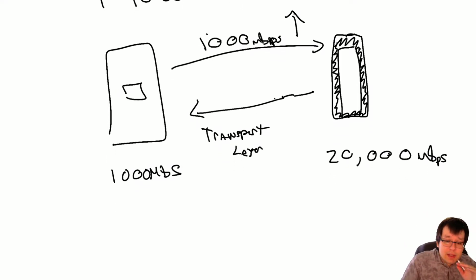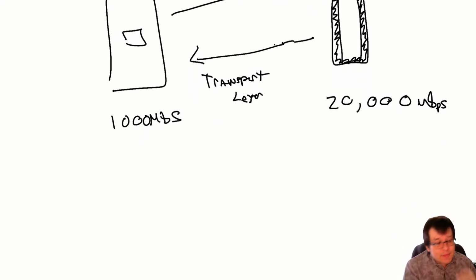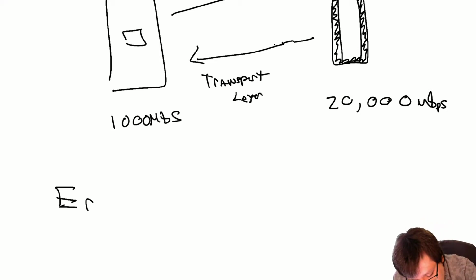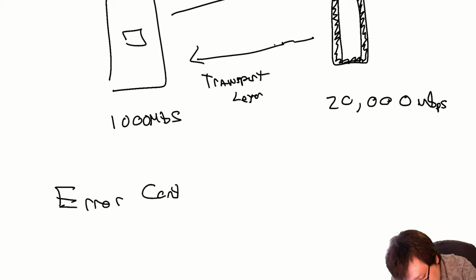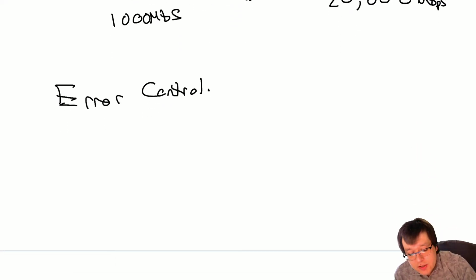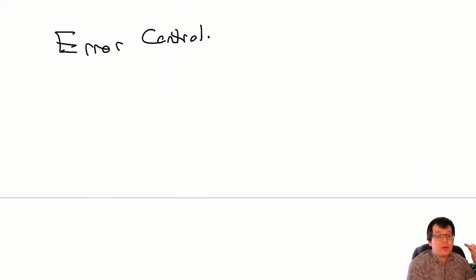There's one more big thing about the transport layer, and that's going to be error control. So communication is awesome, but there are always going to be some flukes. And so the best way to handle flukes is to be able to detect them. If you send information and you're not able to detect a problem, that's the real problem, okay?